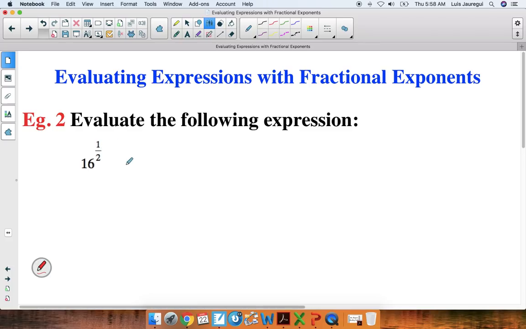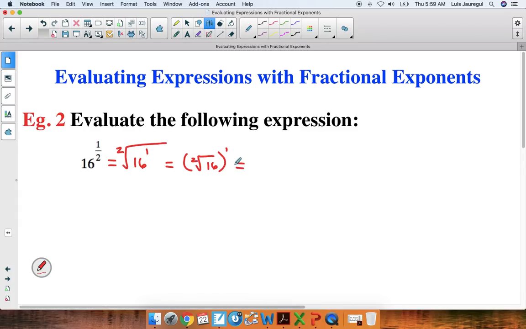Again, using the information from the previous exercise, one can rewrite this as 16 to the 1st power under the square root, or you can change the order around and say, I'm going to take the square root of 16, and then raise the result to the 1st power. Here it doesn't matter which one you want to use. I'm going to use the second one.